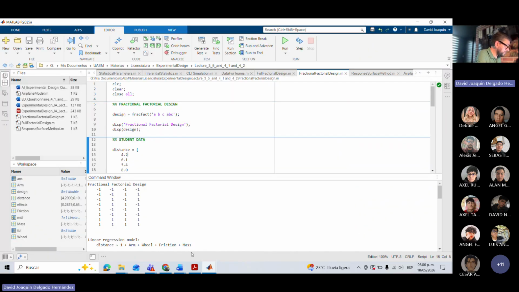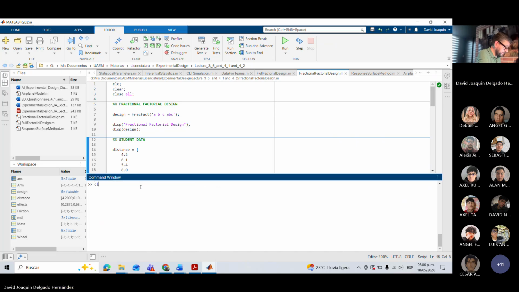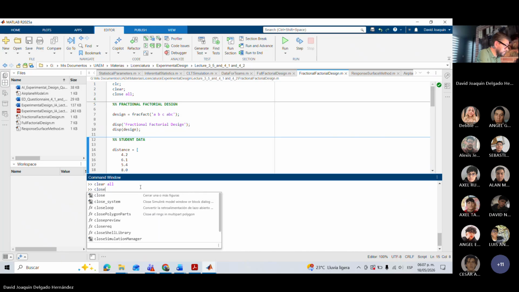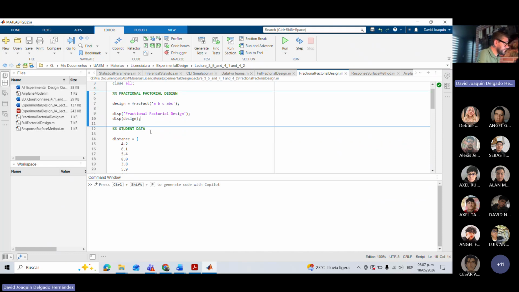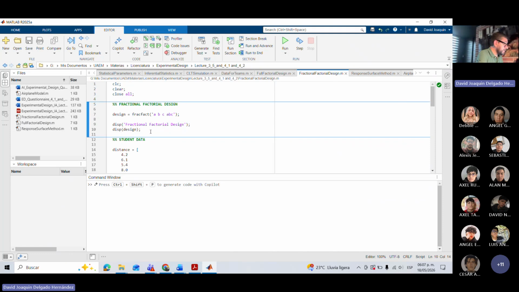Let us go here. If you open this script on your Matlab and run it, you can see that we are using the command fact.